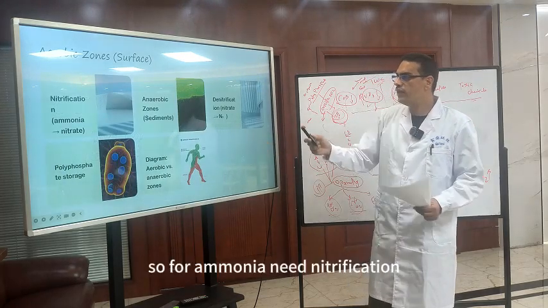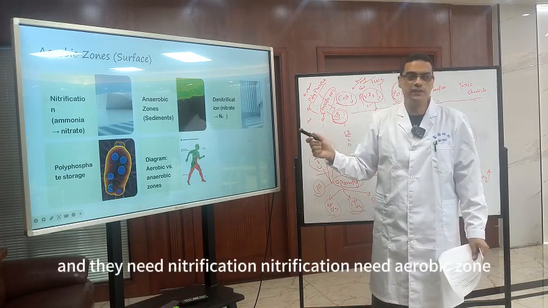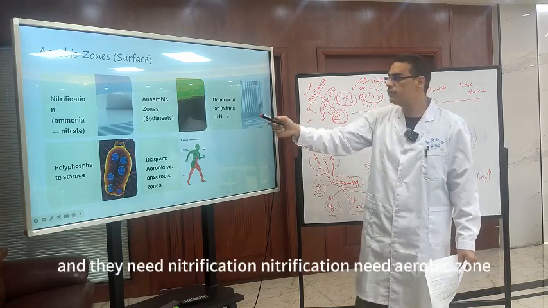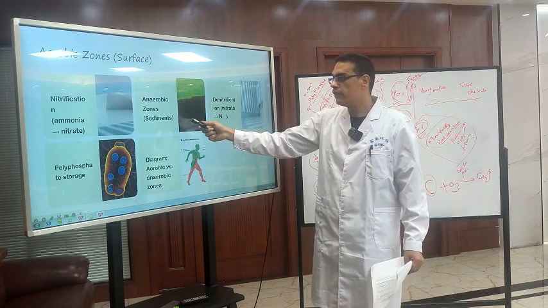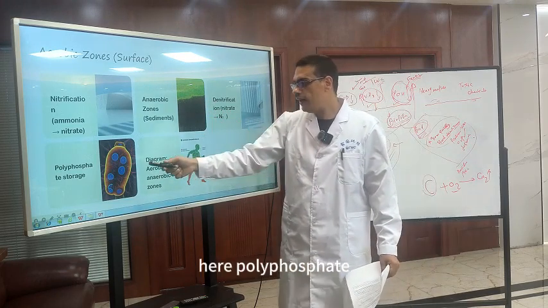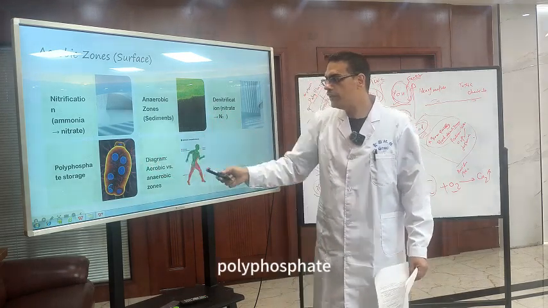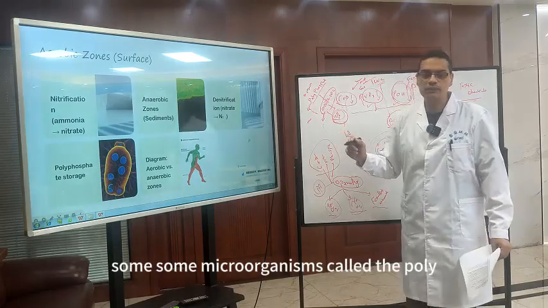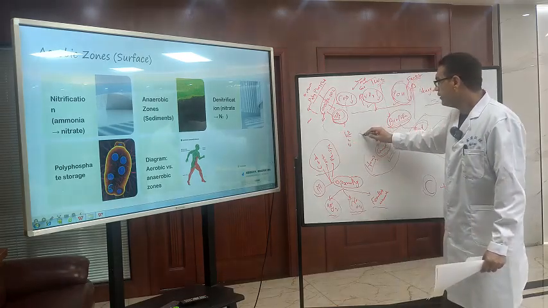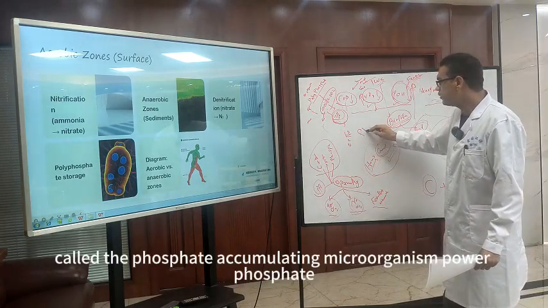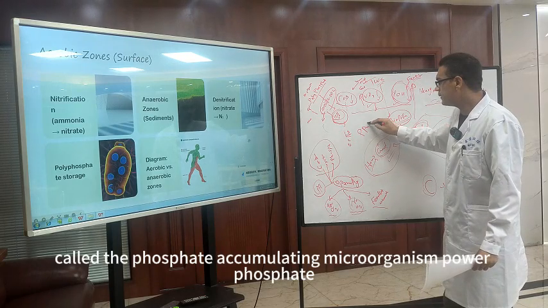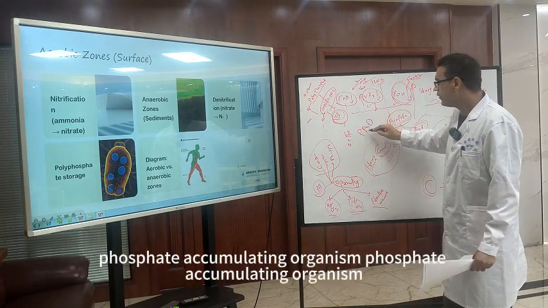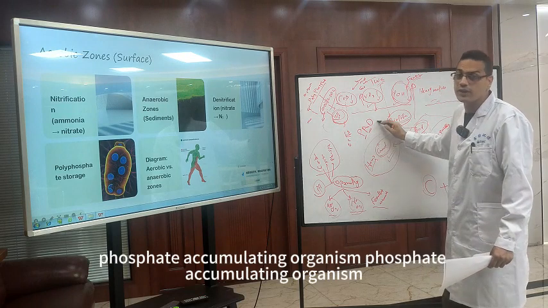So for ammonia, we need nitrification and denitrification. Nitrification needs an aerobic zone, then an anaerobic zone. Here, for polyphosphate, some microorganisms are called phosphate accumulating microorganisms, PAO.